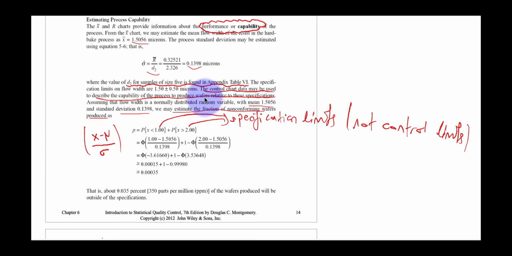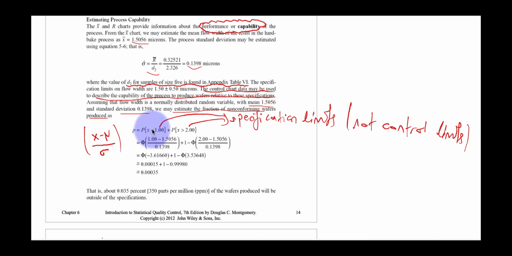So the specification limits for the hard-baked process are given by the designer, and it is 1 on the lower specification limit and 2 on the upper specification limit. If these are the specification limits, we can calculate how many non-conforming products we are expecting from the process we have. So we have a probability for this.